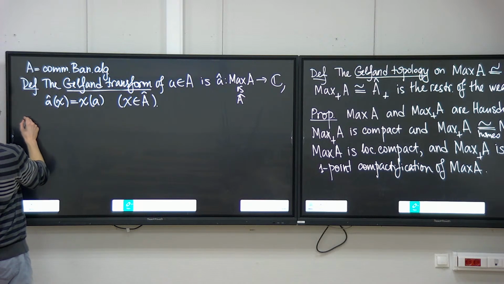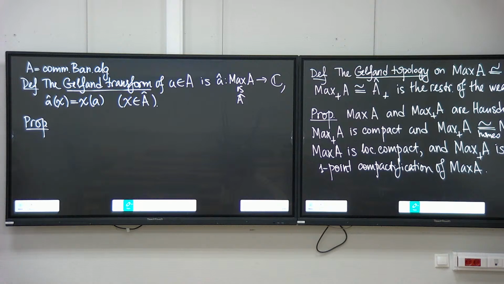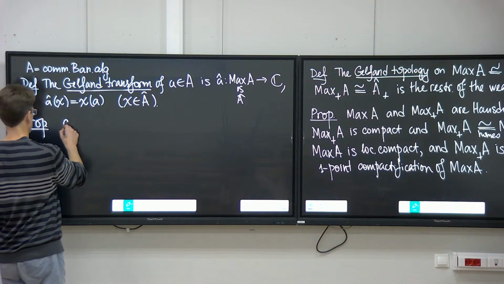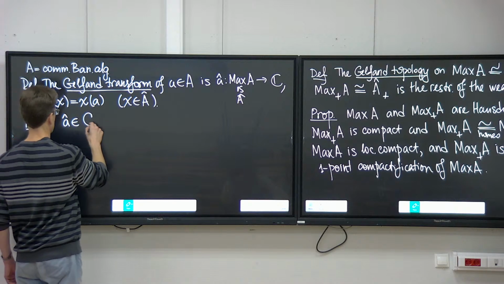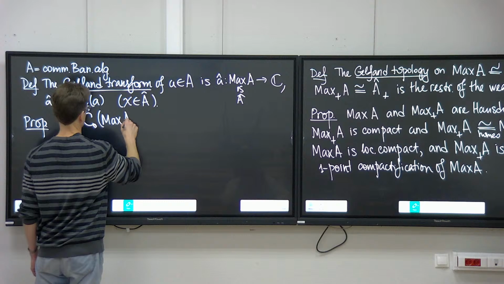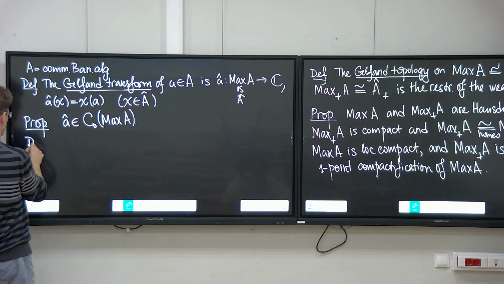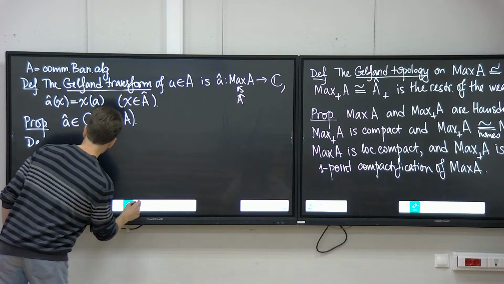So what can we say about this function? Well, I claim that it is continuous and vanishes at infinity. So it sits in the algebra C0 on the maximal spectrum. Well, why is it so?